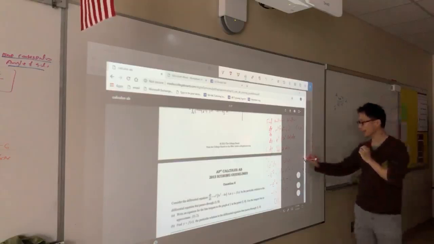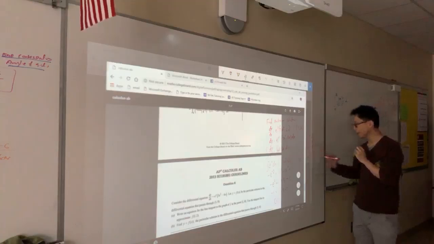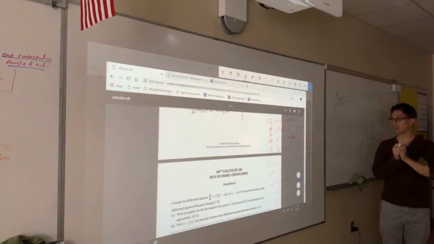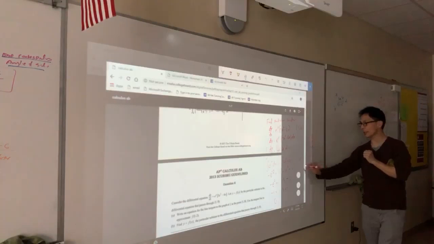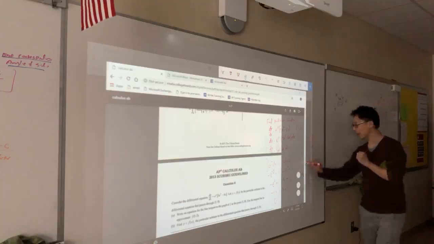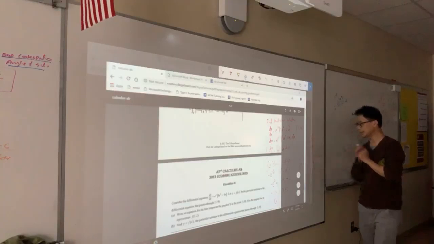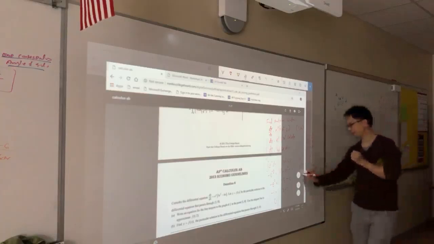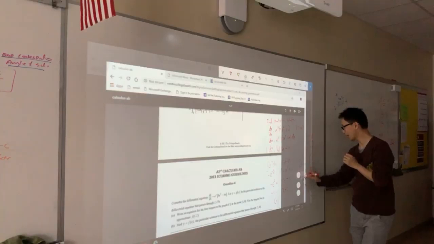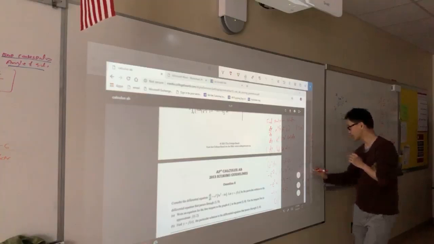Negative e to the negative y is equal to x to the 3 minus 3x squared plus 1. I'm going to get y by itself. I multiply everything by the negative sign, so that's going to be e to the negative y equal to negative x to the 3 plus 3x squared minus 1. And then how do I get rid of the e? Natural log. So it'll be y equal to negative natural log of negative x cubed plus 3x squared minus 1. That's it.